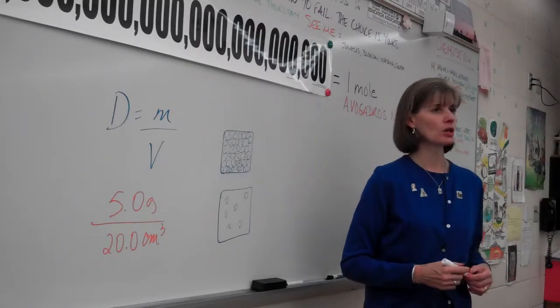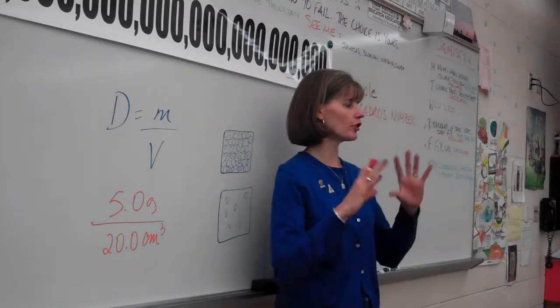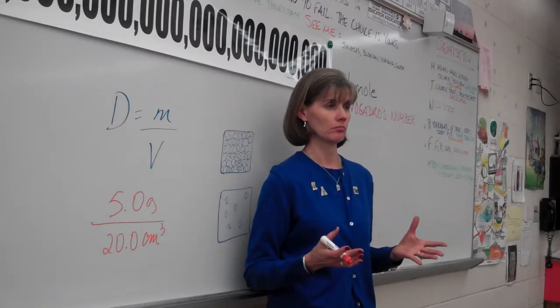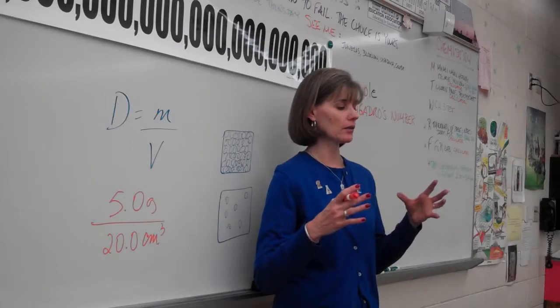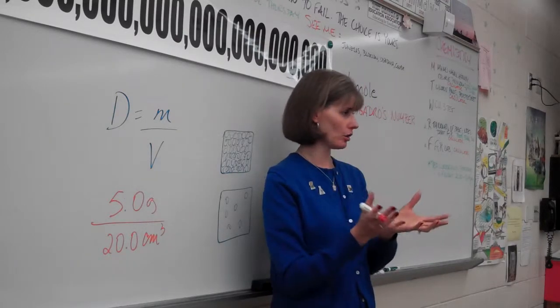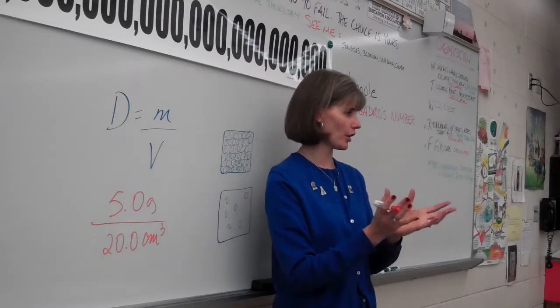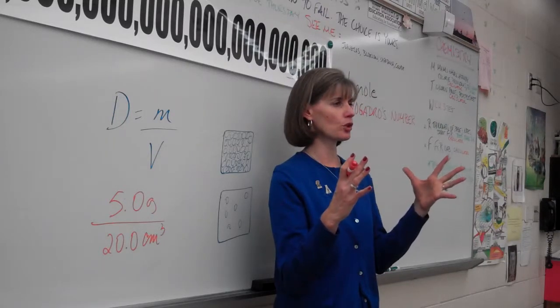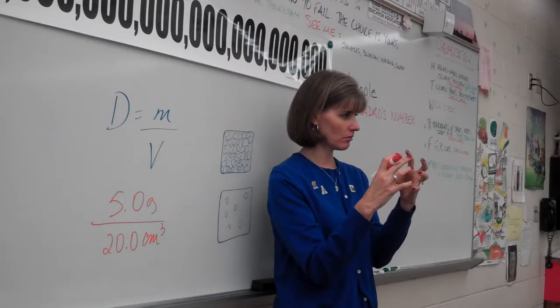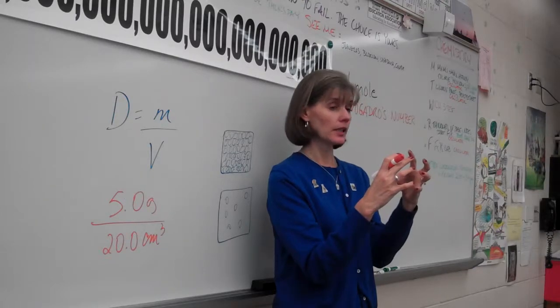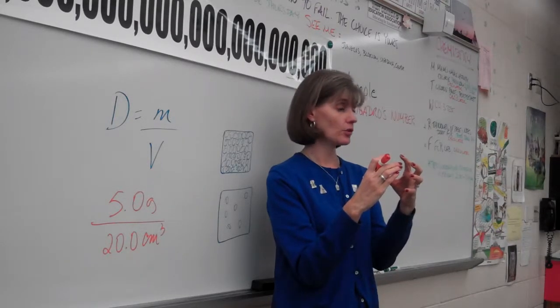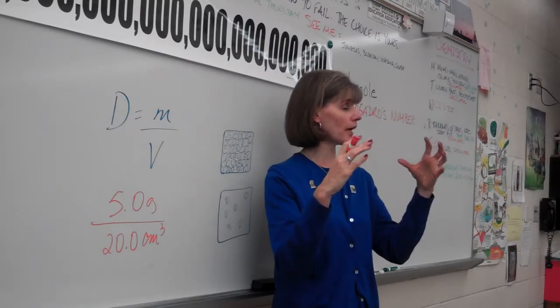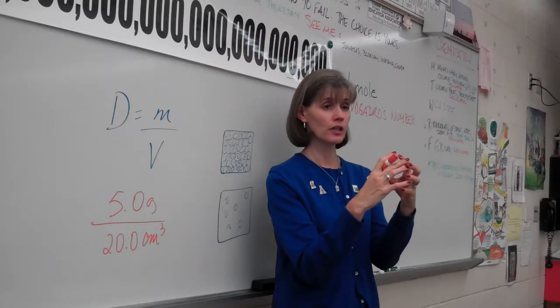23. Describe how the density of a substance changes if the mass or volume is increased or decreased. Imagine taking a balloon full of gas, air even, or helium. A Mylar balloon has a certain volume, and we're going to squish it. Its mass stayed the same, but its volume has decreased.